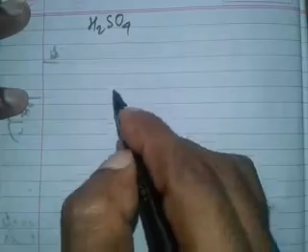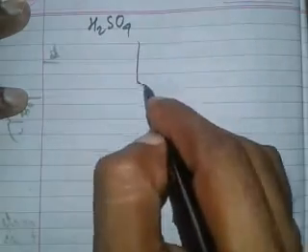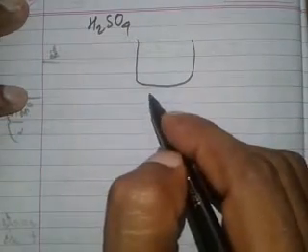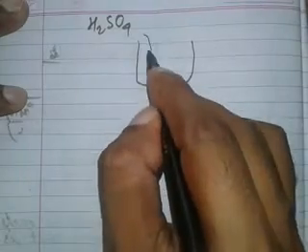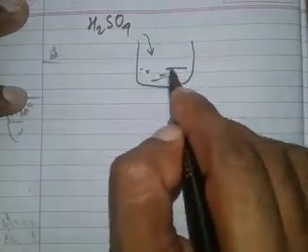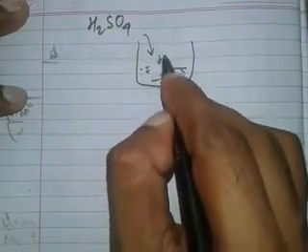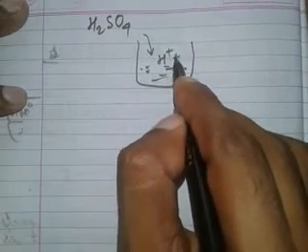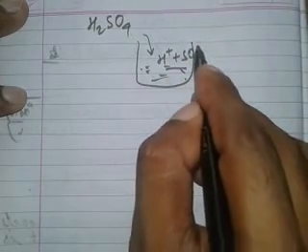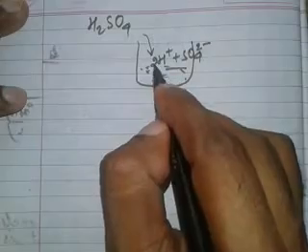For example, H2SO4. If we put this H2SO4 into the water, it breaks down into H plus and SO4 2 minus.